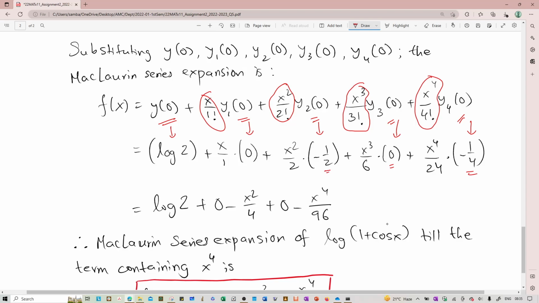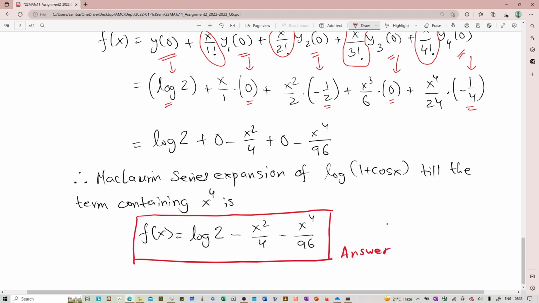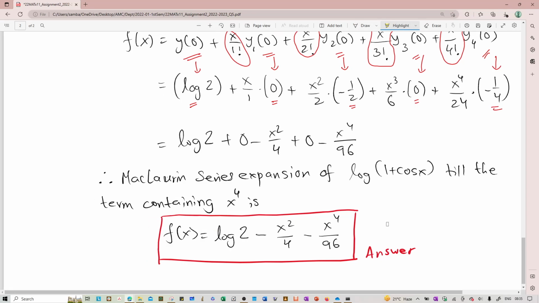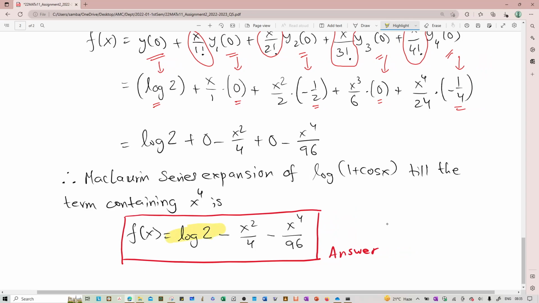So we substitute all these values over here, and simplifying gives us log 2 plus 0 minus x squared by 4 plus 0 minus x to the 4 by 96. And hence the Maclaurin series expansion of the given expression is log 2 minus x squared by 4 minus x to the power 4 by 96. Hence that is the answer, guys.